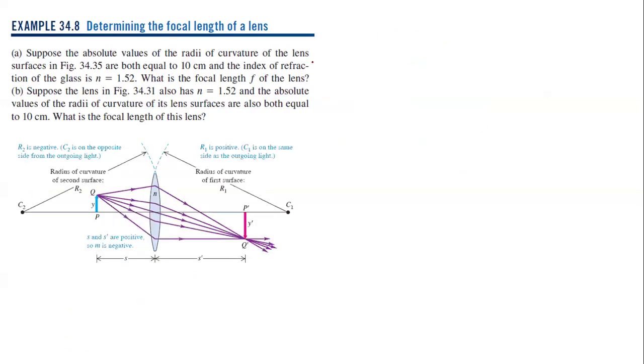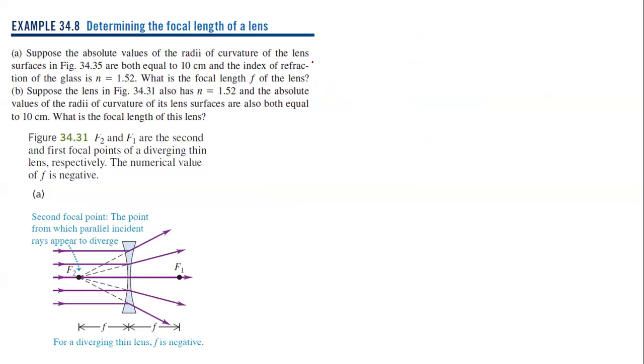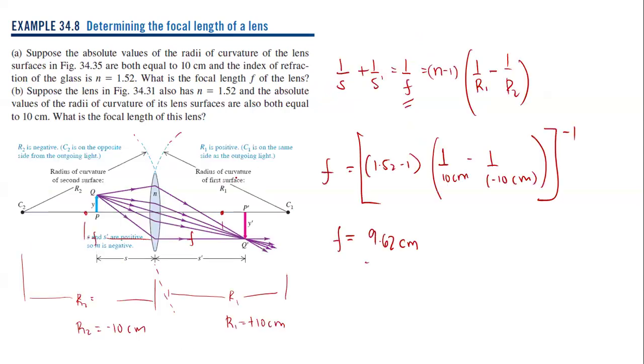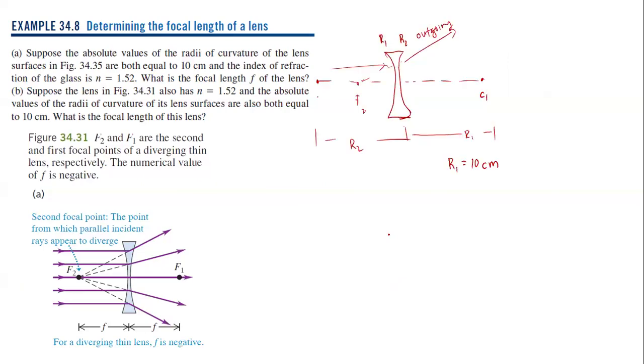How about this one? The first surface is R1 and the second surface is R2. So let's check this one. This is R2, the first surface is R1, the second surface is R2. So correct. Okay, so for a convex lens, the first surface is R1 and the second surface is R2.